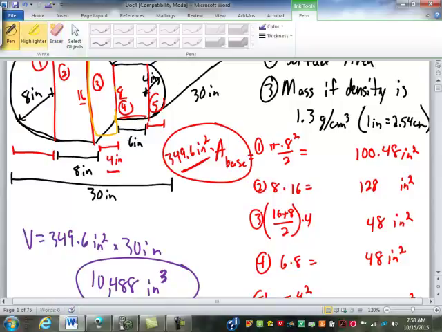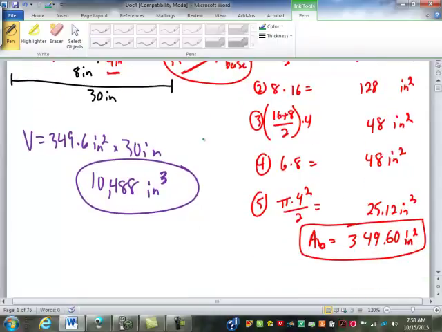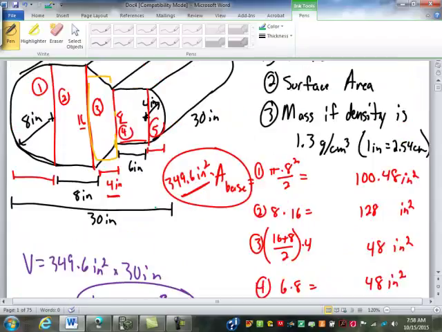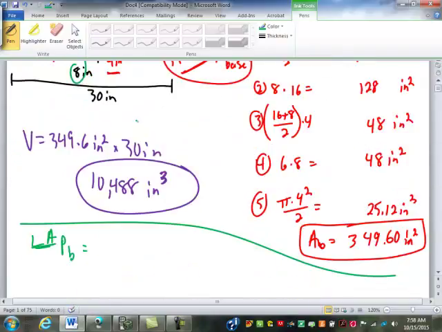So there's our volume. Next, we need to find surface area. To find surface area, we need the perimeter of the base, or actually just find the lateral area, so we need to find the perimeter of the base. Well, I have 8 and 8, 6 and 6. So let's do those first.